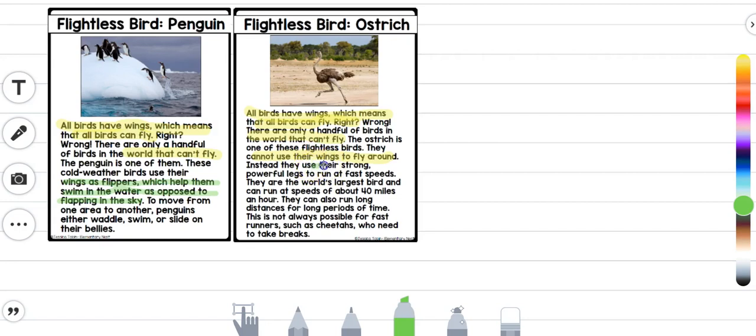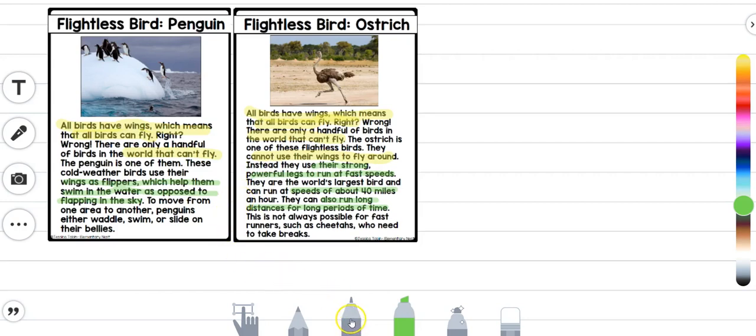They talk about how they use their strong, powerful legs to run at fast speeds, about 40 miles per hour, and they can also run long distances for long periods of time. So if a cheetah is coming after it, I remember this part. A cheetah is fast, but it can't run for a long time, so it needs to take breaks. That's probably how an ostrich gets away from the cheetah.